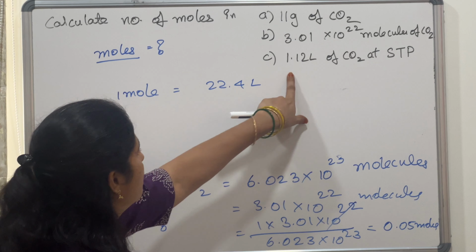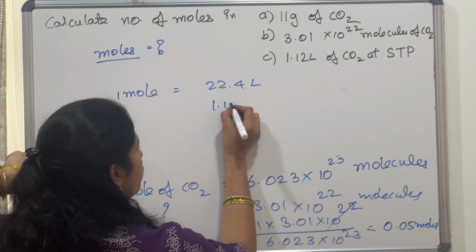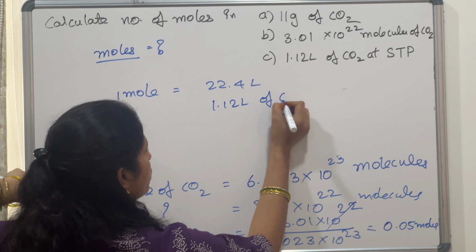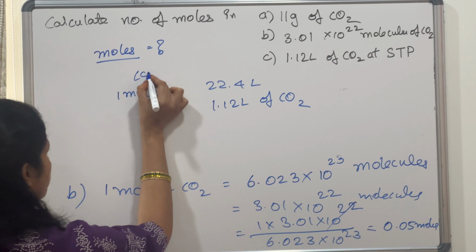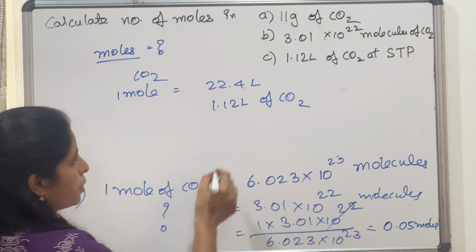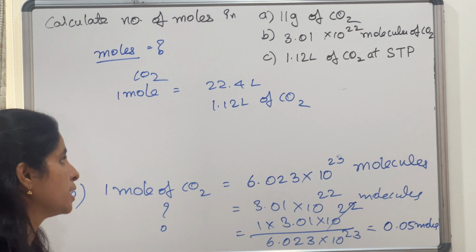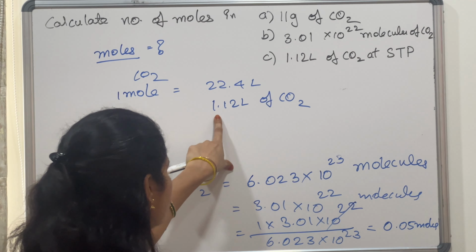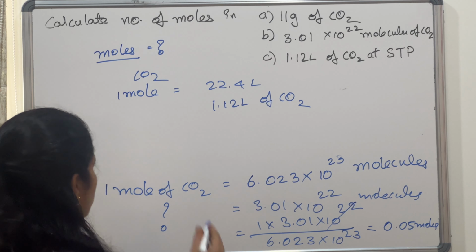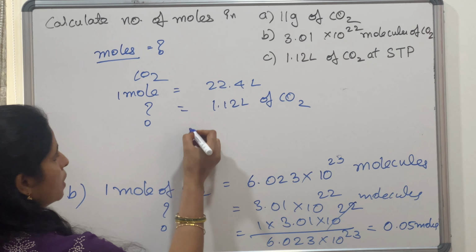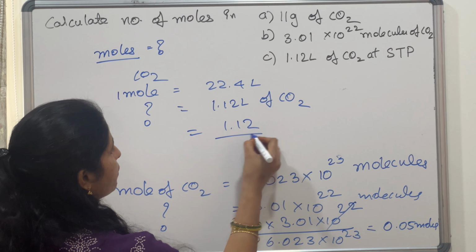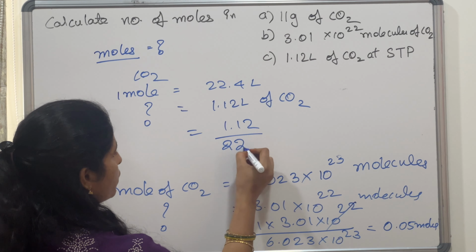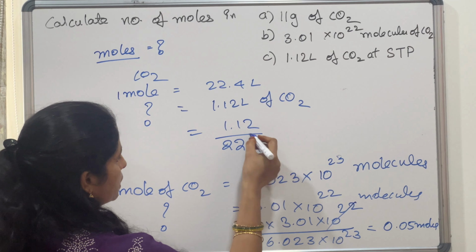So here, 1.12 liters of CO2, as we are talking about CO2, 1 mole of CO2 occupies a volume of 22.4 liters. So what is the number of moles present in 1.12 liter of CO2? It is 1.12 divided by 22.4, cross multiplication. It is 1 by 20.